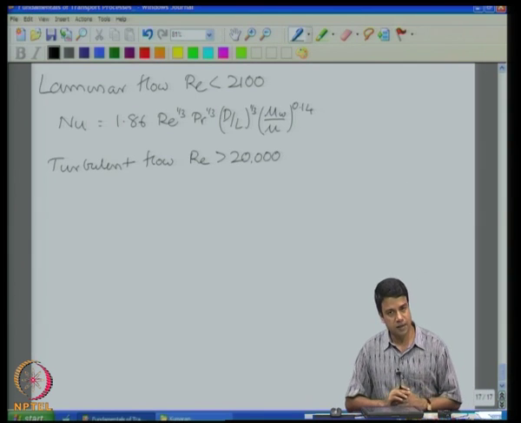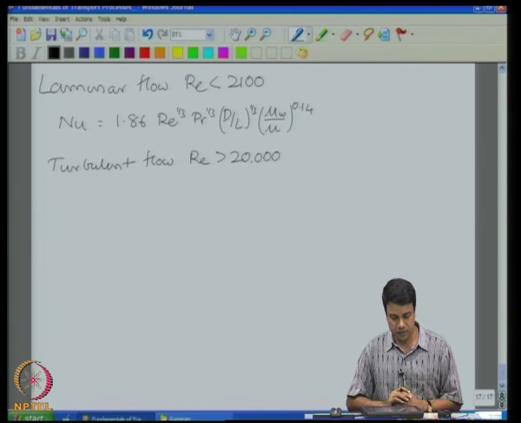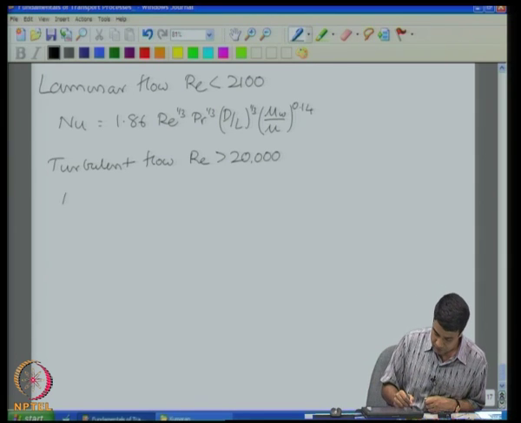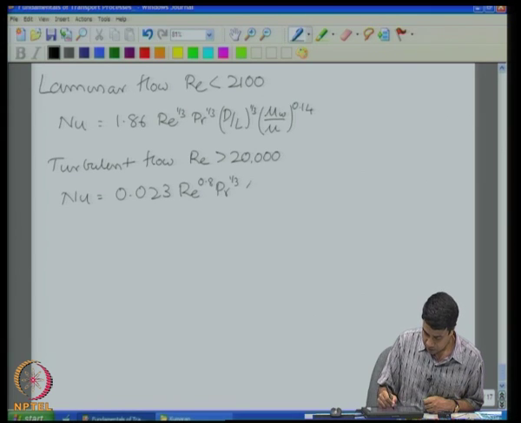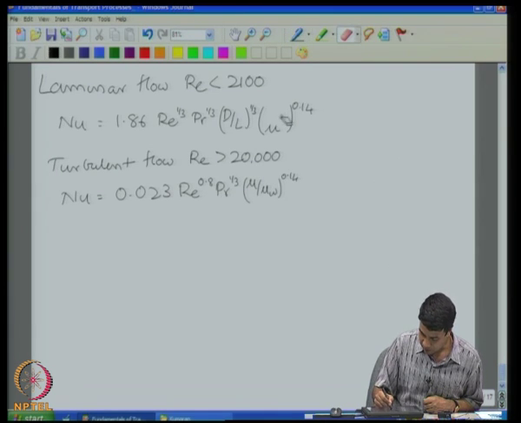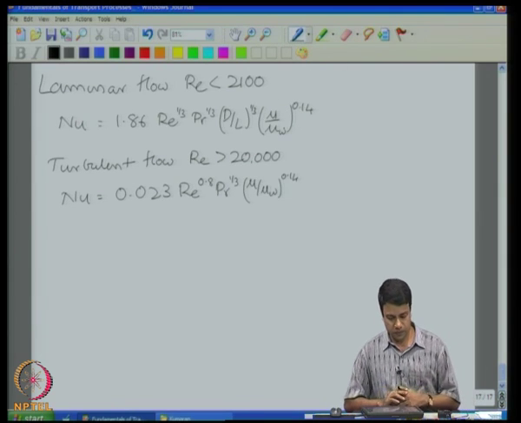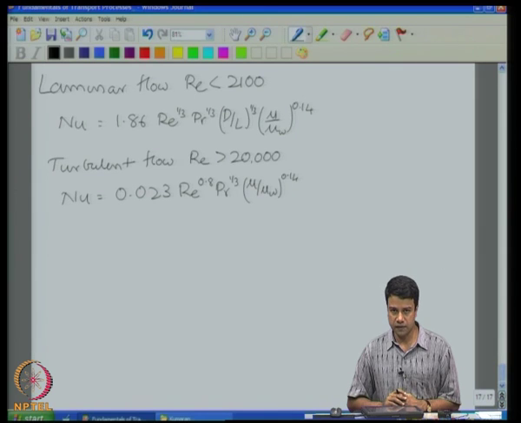The relation between the Nusselt number and the Reynolds number and the Prandtl number is given by what is called the Sieder-Tate correlation, and that is of the form Nusselt number is equal to 0.023 Re power 0.8, Pr power 1/3, mu by mu w power 0.14. So, these are empirically derived correlations.